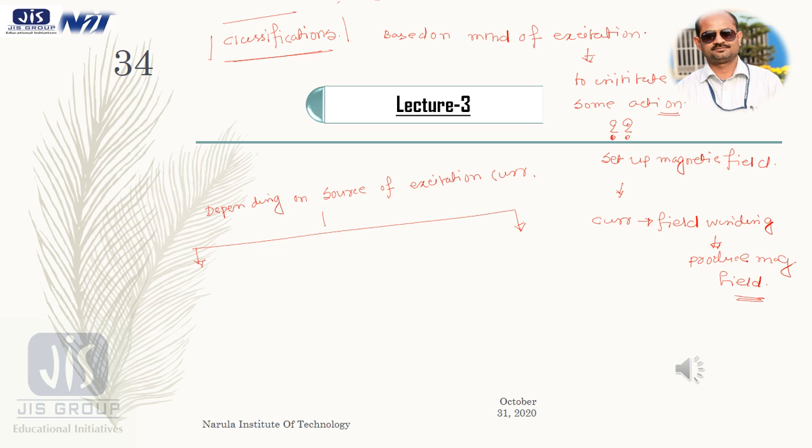One is called separately excited DC machine, and the other one is called self excited DC machine.